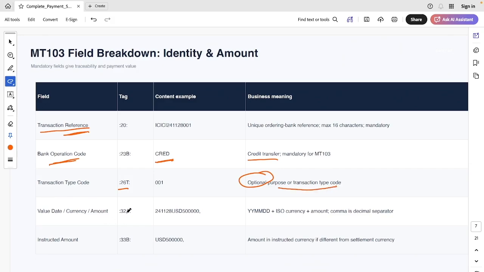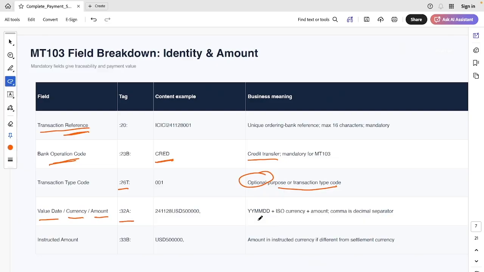Then we have field 32A. This is one of the most important fields in MT103. It combines three things: the value date, currency, and the amount. You must be wondering what is value date. Value date is the specific date on which the money settles between the banks and is credited to the beneficiary account.